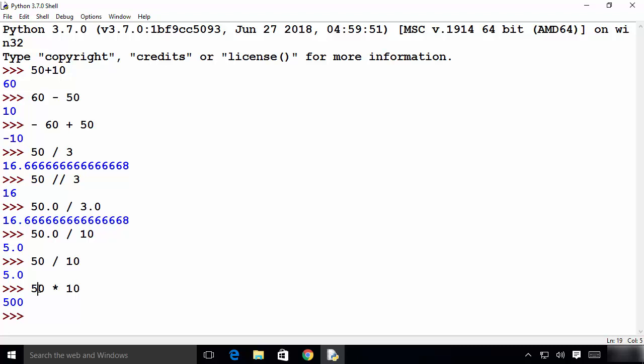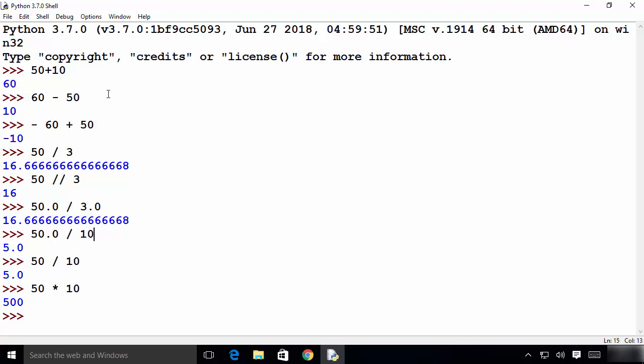Now, the numbers on which you are doing these mathematical operations are called operands. So 50 here is an operand, 10 here is an operand, 3 here is an operand, and 50 here is an operand. Now here 50 and 10 are also called literals because they are constant values.